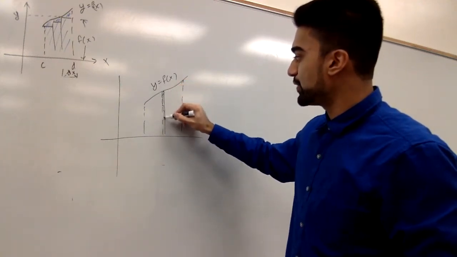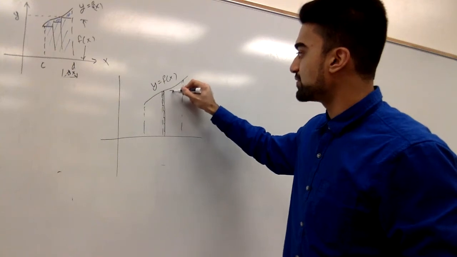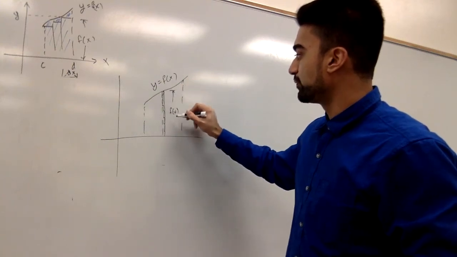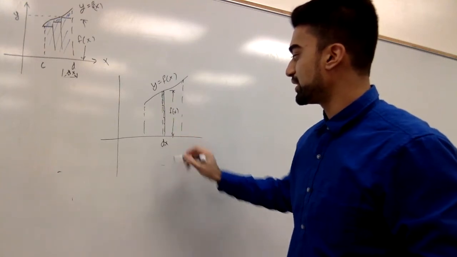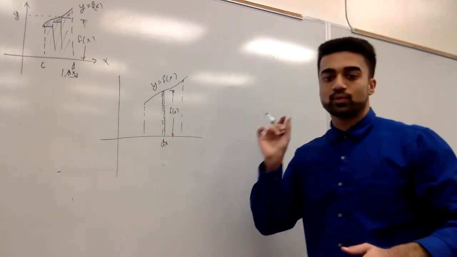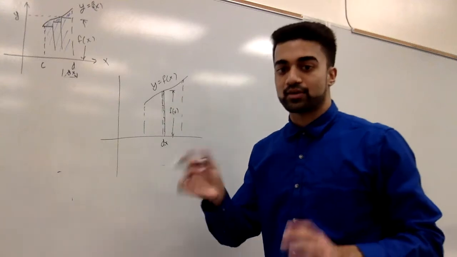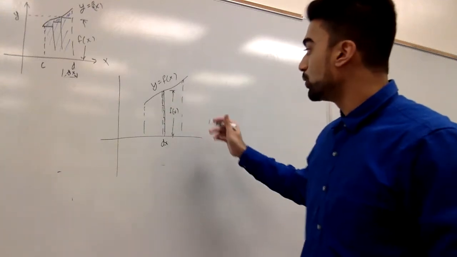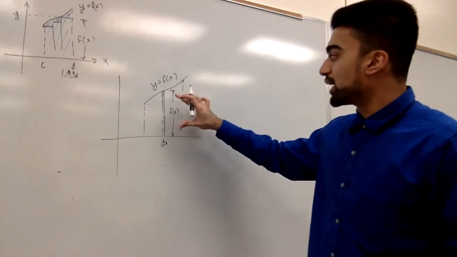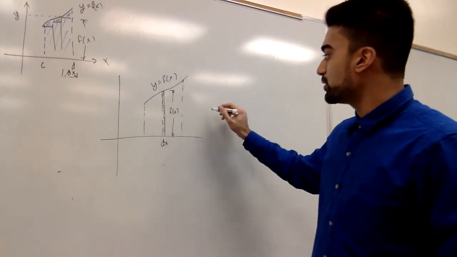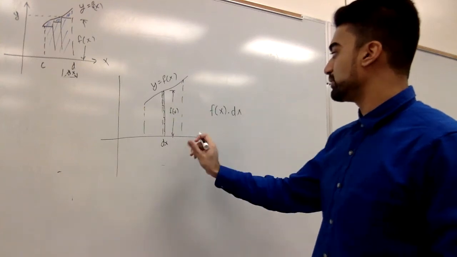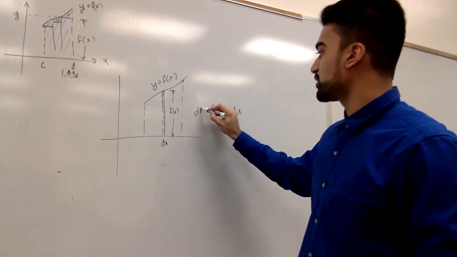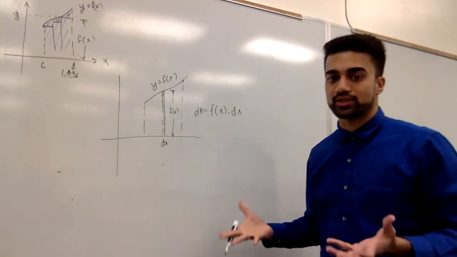So this is the area that I'm choosing, and the height of this rectangle is still going to be f of x, and this right here, I'm going to call it dx because it is really tiny x, or delta x, right? So the area of this tiny strip here is going to be the length times the width, which is dx. So let me just call it dA, which is the differential area, right?